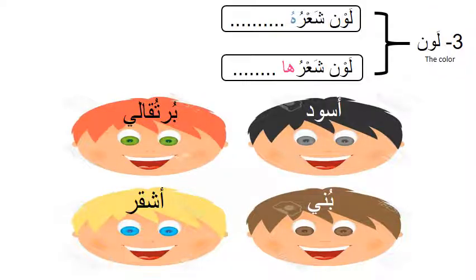We move now to the color, لون. How do we describe someone's hair color? We are going to say لون شعره, his hair color, followed by the color. If you are describing a girl's hair, you are going to say لون شعرها and then the color.